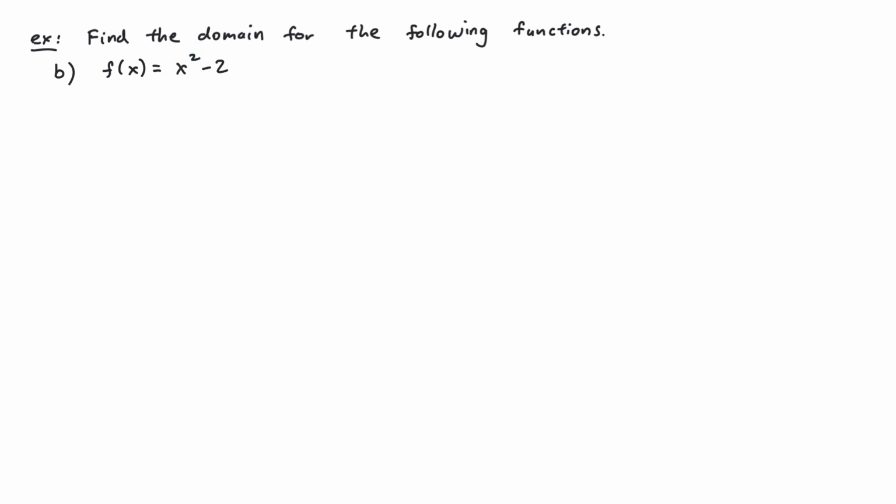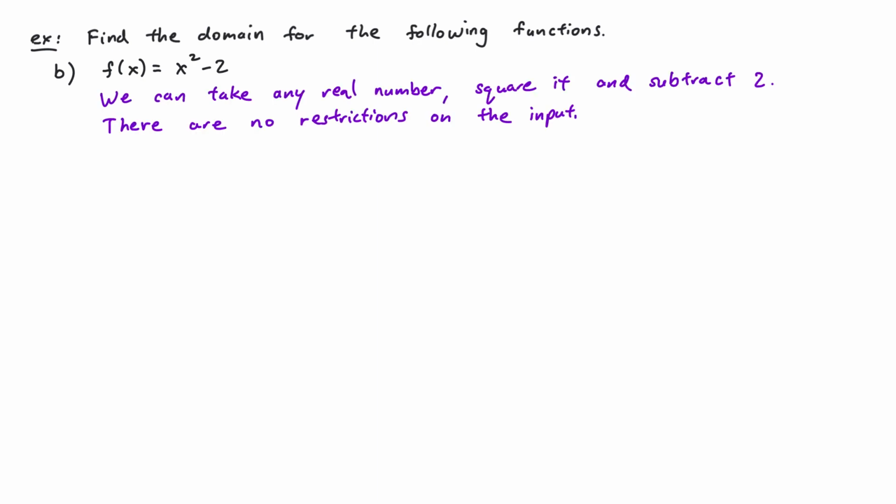Now, no matter what our x value is, we can always square a number. And then our next operation is subtract 2. And again, no matter what the number is, we can always subtract 2. Because we can take any real number, square it, and subtract 2, there are no restrictions on what we can plug in. So for that reason, in this problem, the domain is all real numbers.